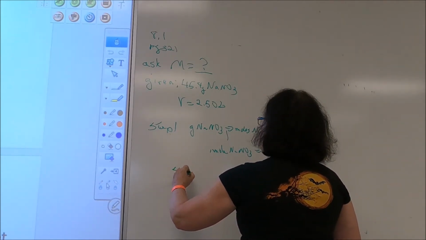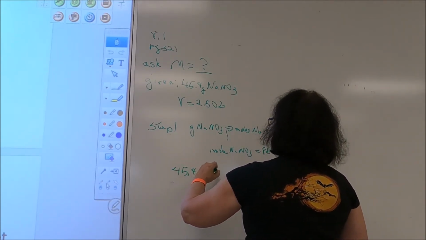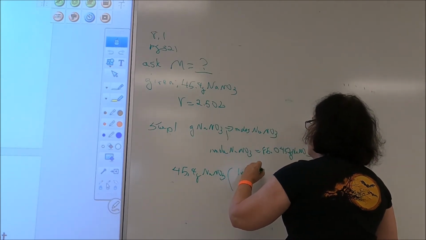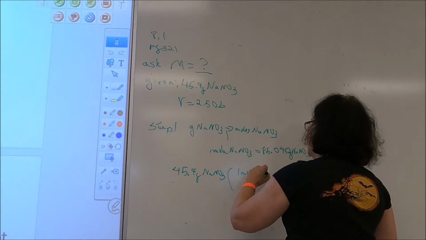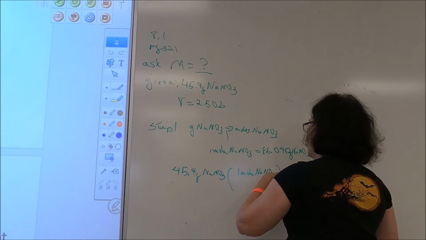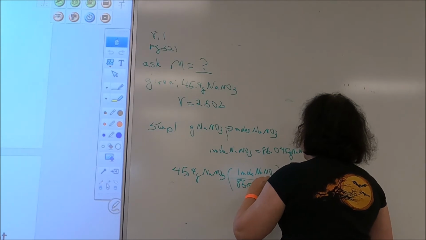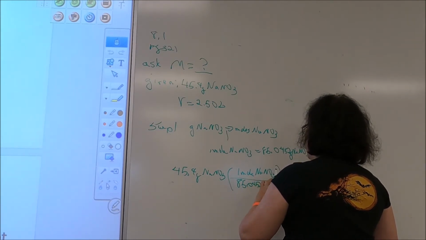So 45.4 grams of sodium nitrate, 1 mole of sodium nitrate for every 85.0452 grams of sodium nitrate.